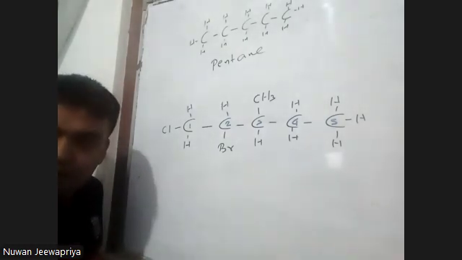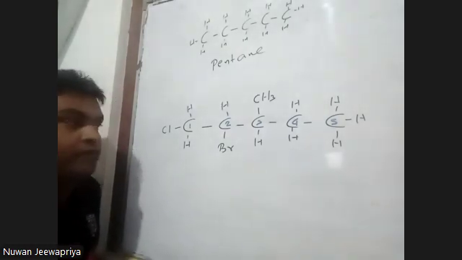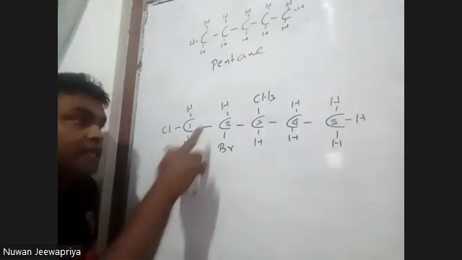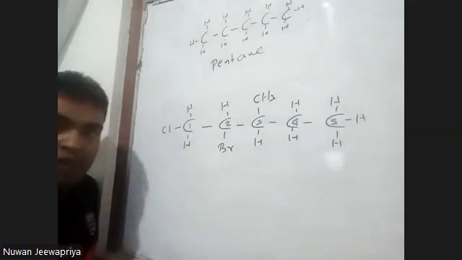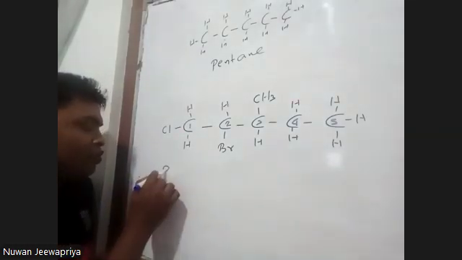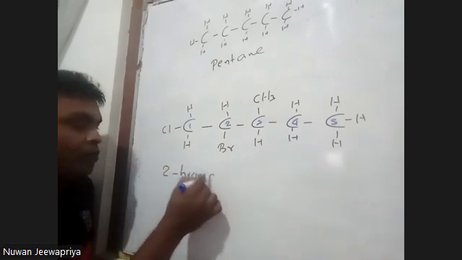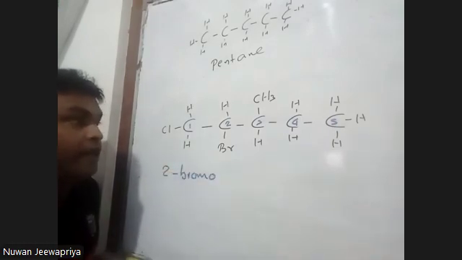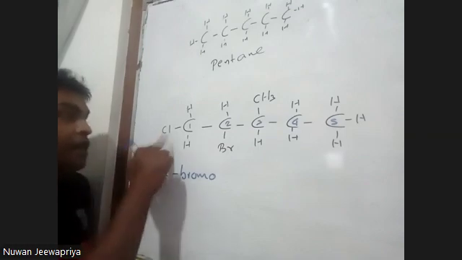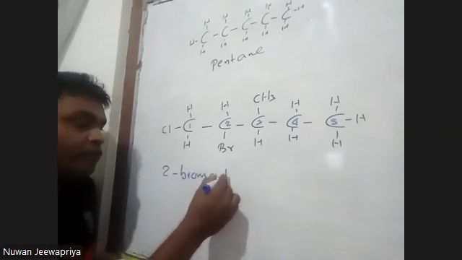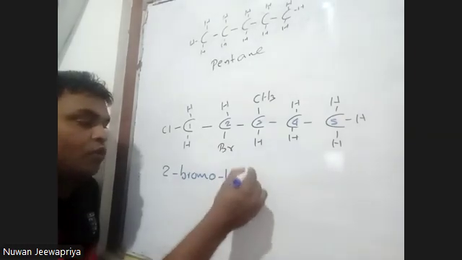Now, how can I give a name for this one? I want to say the second carbon has bromine. How do you see that? 2 dash bromo. And the first carbon has chlorine. 1 dash chloro.